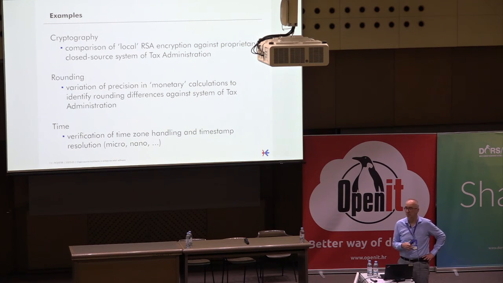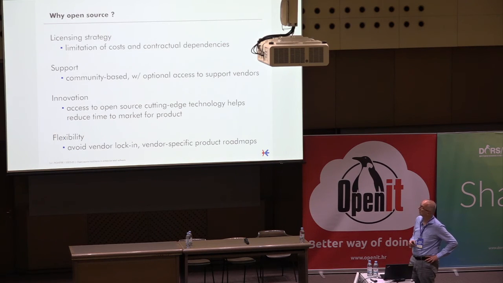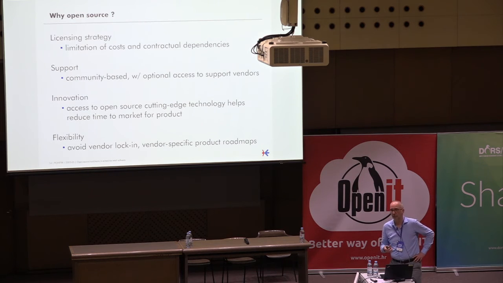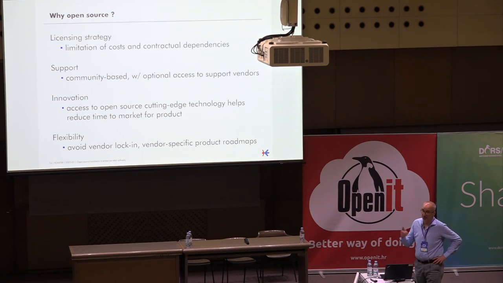Is it nano? Is it micro? How do we handle time zones? And the tax administration people are sometimes very formally oriented, and of course all these services helped us accommodate this as well.